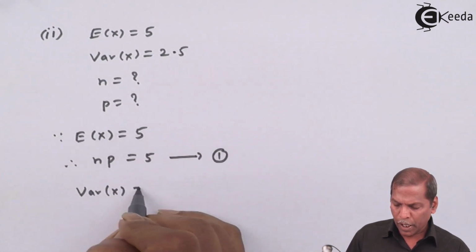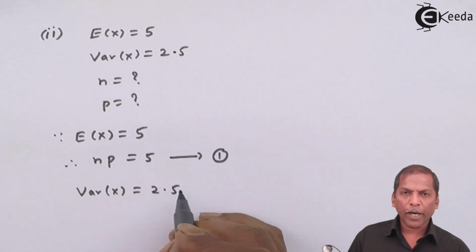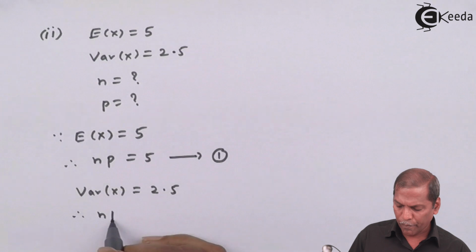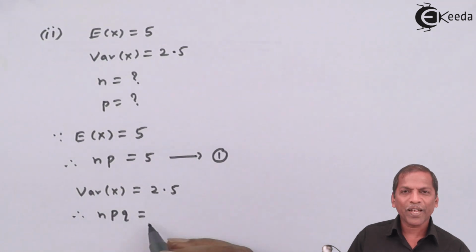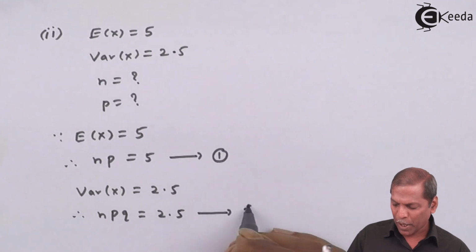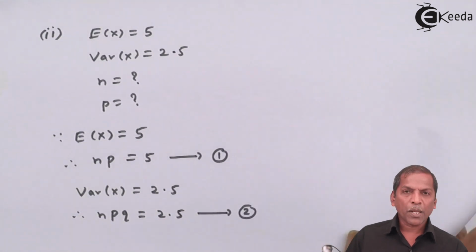Then we consider that variance of x is given as 2.5. For variance of x we write the formula NPQ is equal to 2.5. Let us denote this as equation 2.